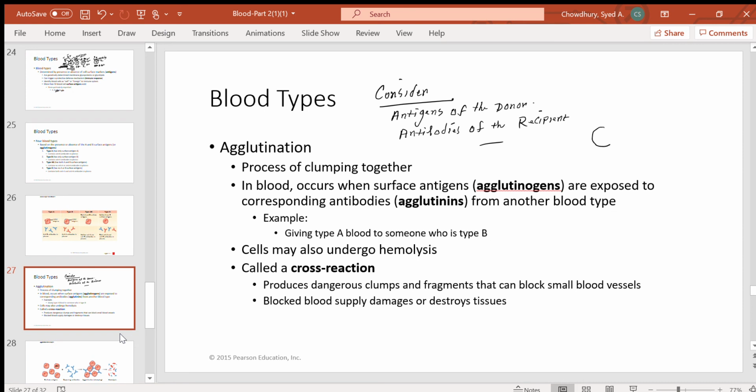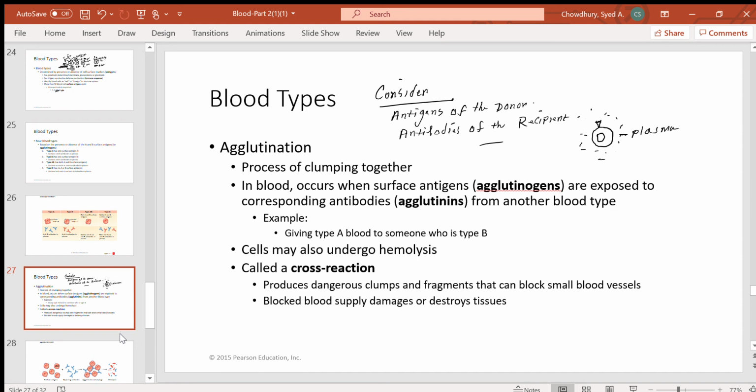So you see here there is a rule: if on the surface of the red blood cell any antigen is present, the same type of antibody must be absent in the plasma. This is the red blood cell and this is the plasma.